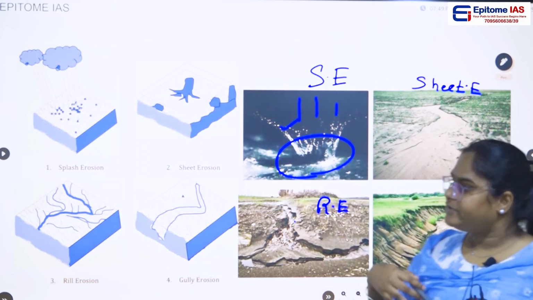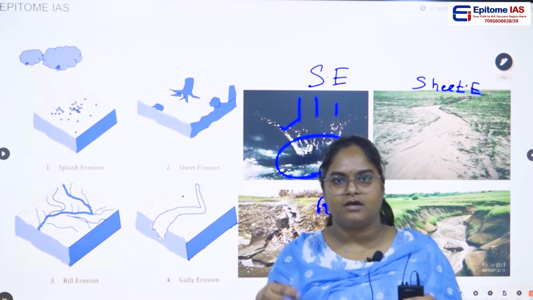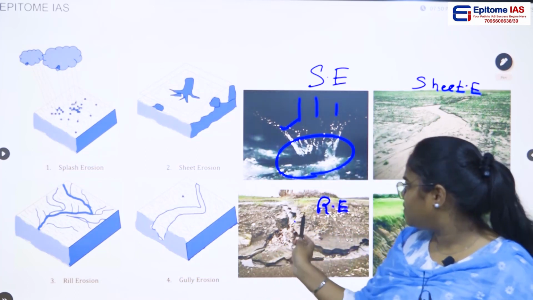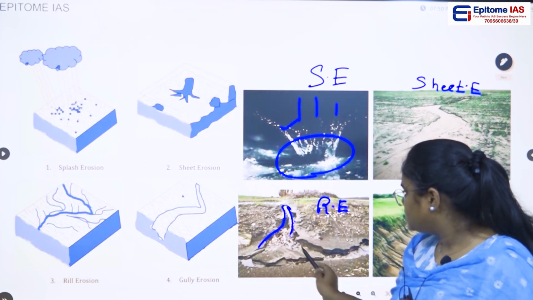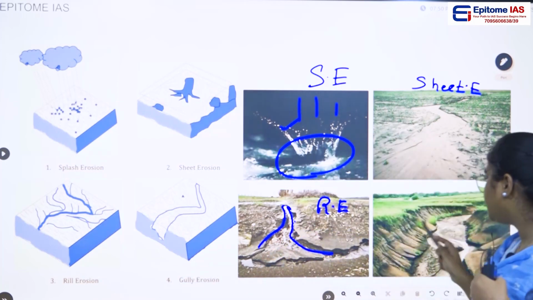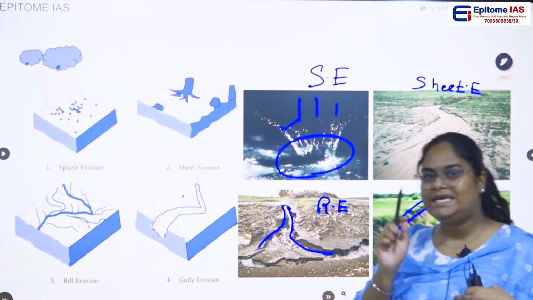And then after some more time, when more water is flowing again and again, this particular thing will widen again. It will widen to this extent that it will become so big that a person can stand here. It's that much bigger. So this erosion is called gully erosion.